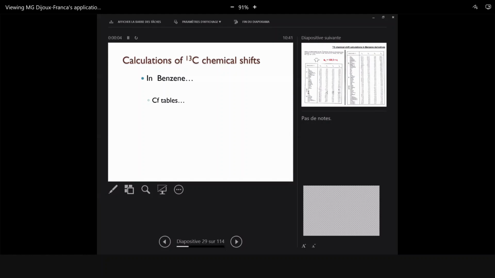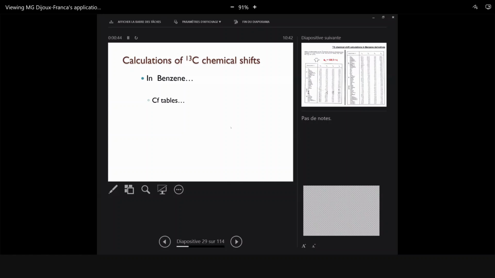Yes. To finish this lecture on carbon-13, I would like to tell you about the theoretical calculation of the carbon-13 chemical shift. Remember yesterday I told you that we can do that for aromatic protons, but we can do that also for carbon-13, and sometimes it helps to draw and put the substituent on the aromatic ring.